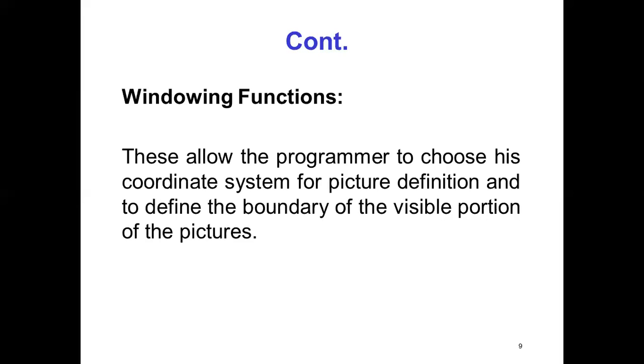First we have to choose the coordinate system, and after that you can draw on the display unit the particular building section, mechanical parts, or any image, or select some portion directly from the icons, like circular arcs or straight lines. This is used to select the coordinate system for a particular picture definition, or to define the boundary of the visible portion, and this is called the windowing function.